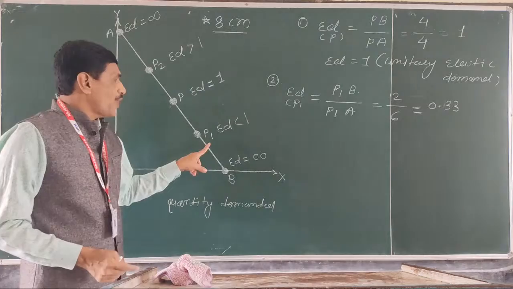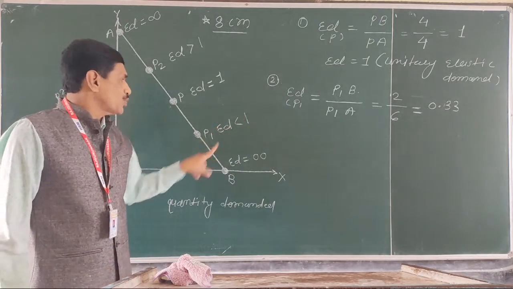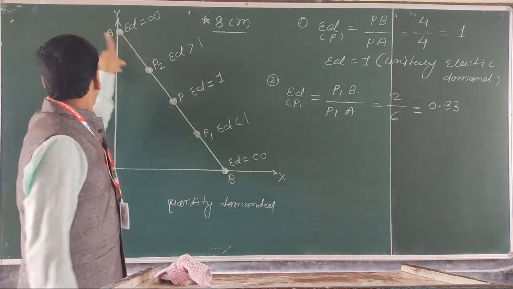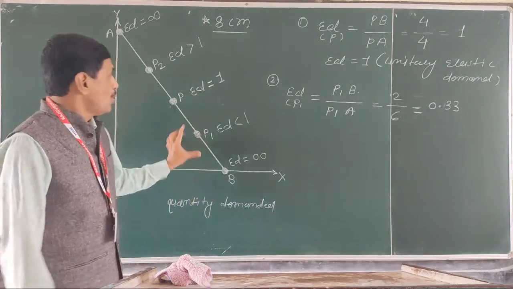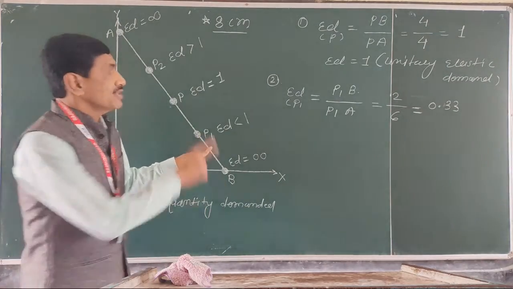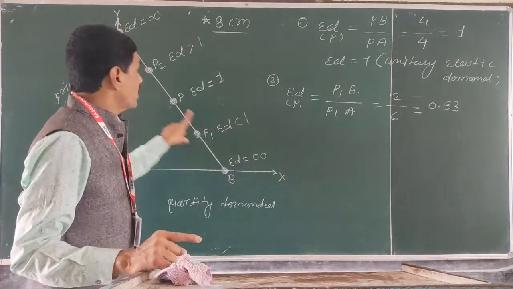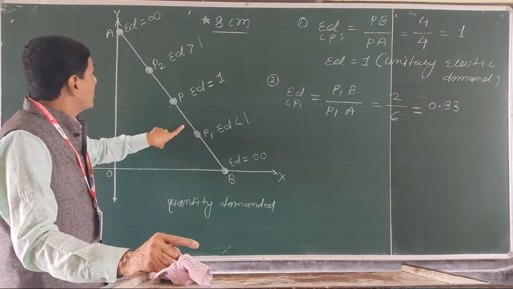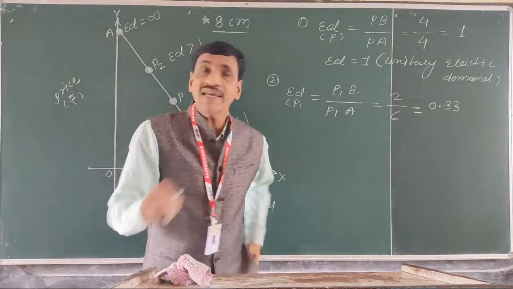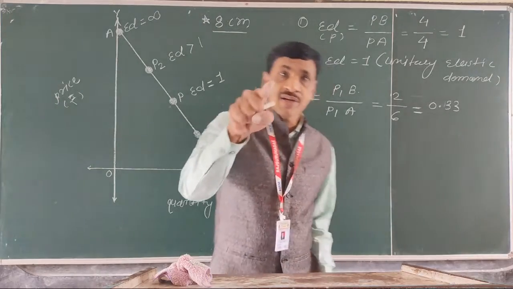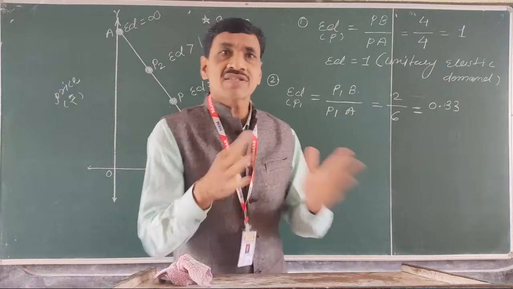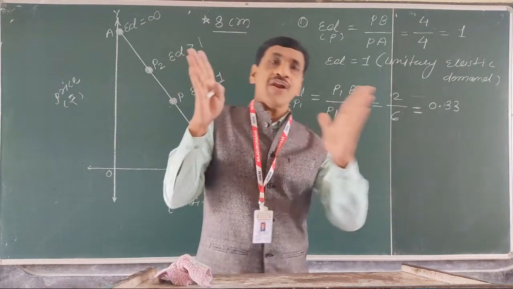Look once again. At point P1, ED is equal to P1B, that is the lower segment, and P1A, that is the upper segment. The length of P1B is 2 centimeter. And the length of P1A is 2 plus 2 is 4 plus 2 is 6. And the answer is 0.33, which is smaller than 1.